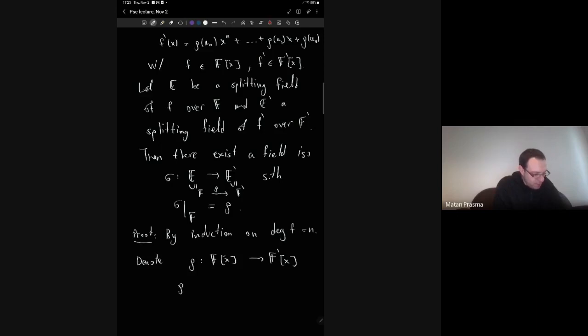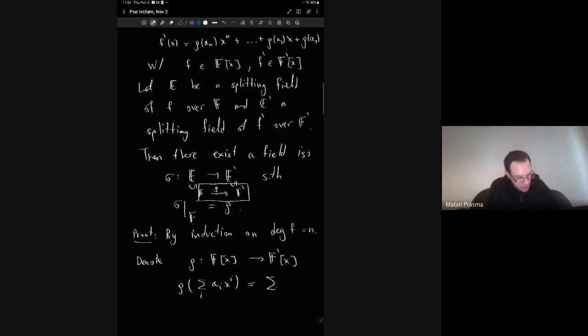If you take a polynomial, sum a_i x to the i, then rho simply applies the original rho between F and F prime on the coefficients.